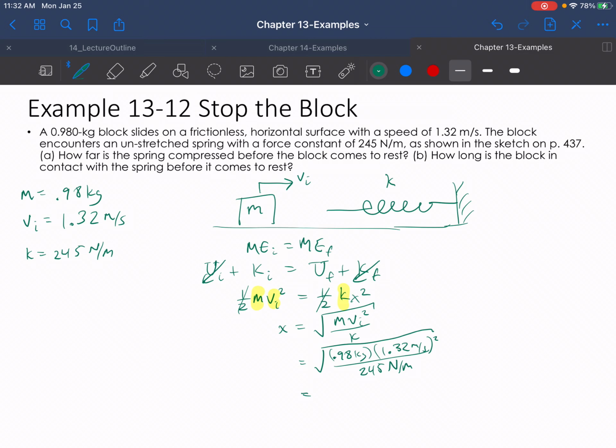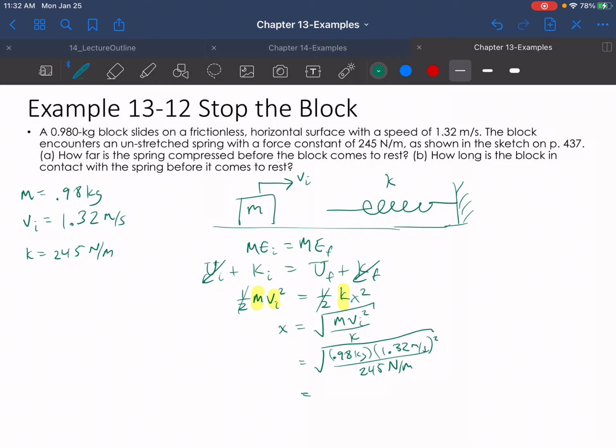So if we go through and do this, we've got 0.98 times 1.32, and the 1.32 has to be squared, divided by 245, and then take the square root of that, and I get 0.08.